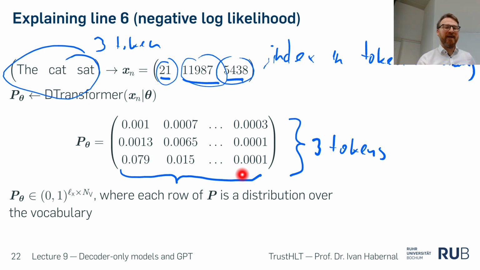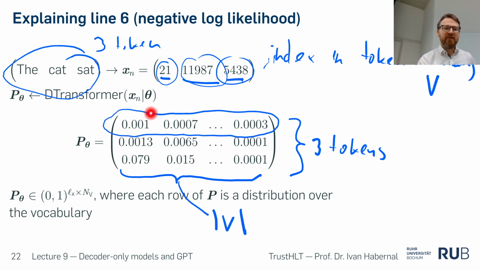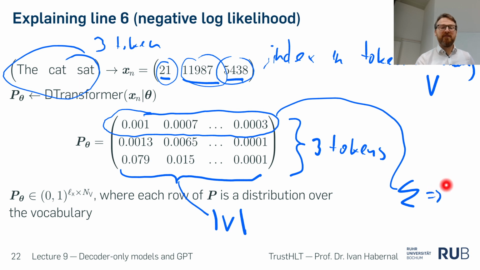What's the dimensionality of that? This is the size of the token dictionary V. Yes, exactly. And what else can we say about this? For example, if for each row we sum it up, we get 1.